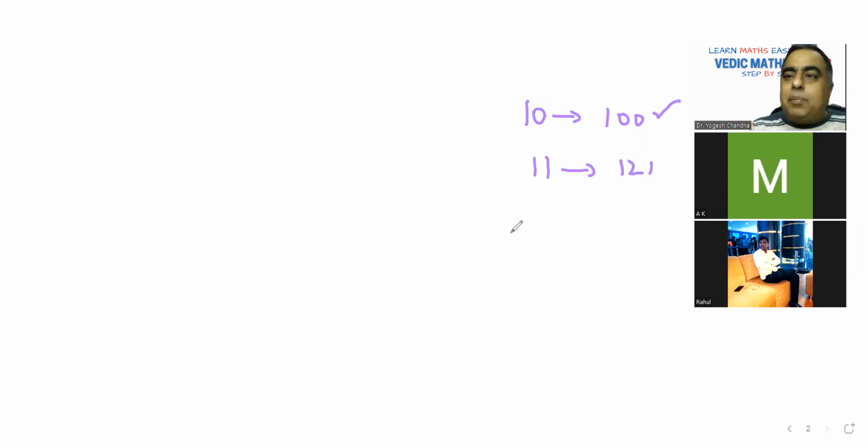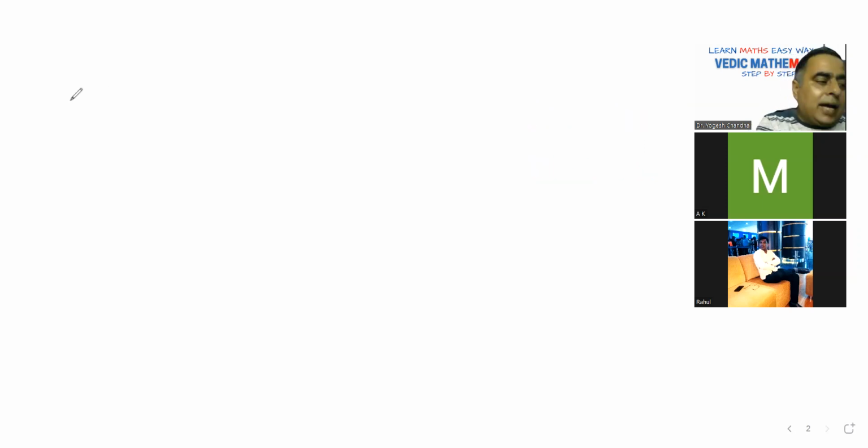But when numbers become bigger and bigger, it's not that easy to find out. So today we'll be starting with a method known as the division method.